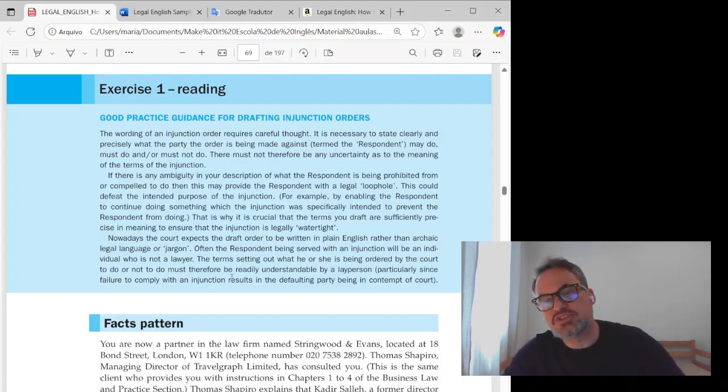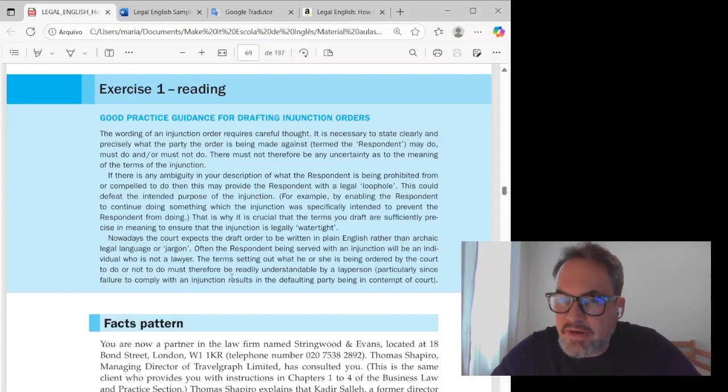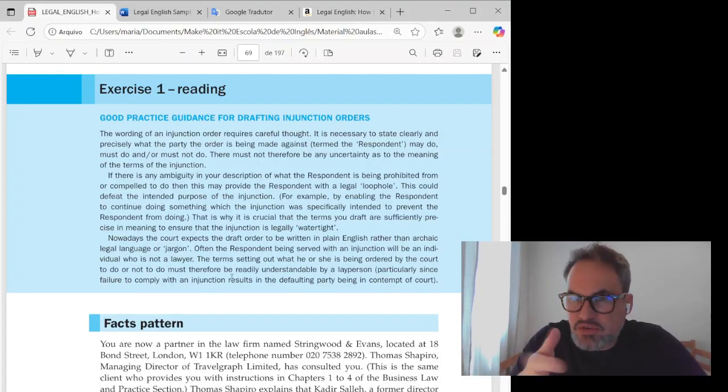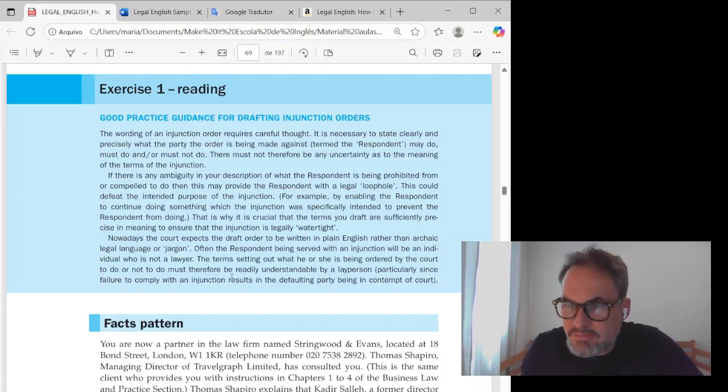So the first thing we need to remember is the terms need to be clear. And the respondent, who is the person who is going to receive that order, needs to understand exactly what the terms of the order mean, right?